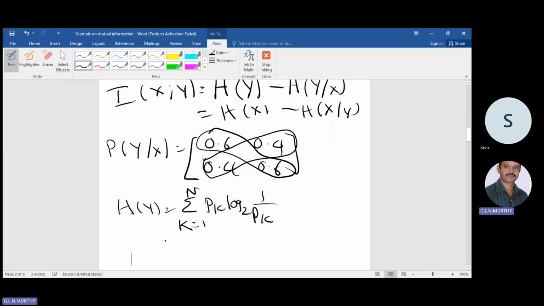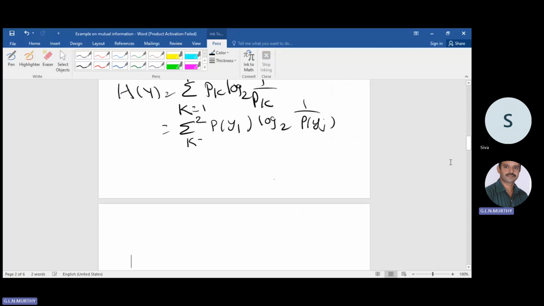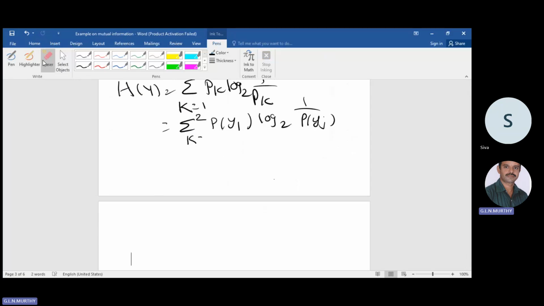Or more specifically, sigma of P of yj log base 2 of 1 by P of yj. Better I use the notation yj to follow the earlier terminology, because j corresponds to symbols on the other side.